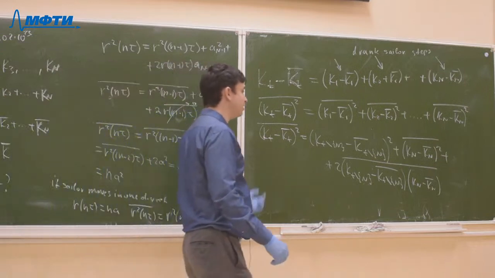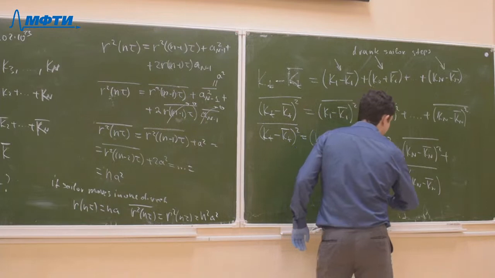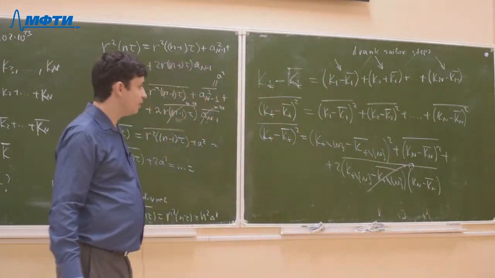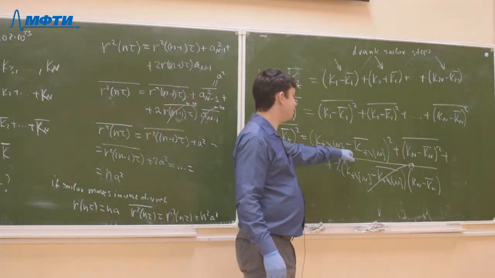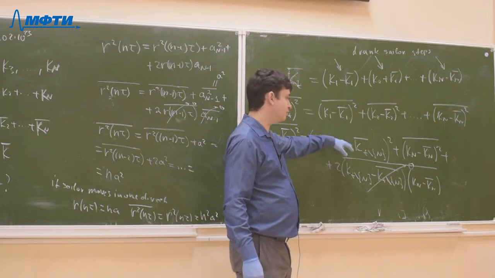Again, as previously we have seen, this product on average gives 0. And then we can exclude the n minus first particle, n minus second particle, and so on and so forth.